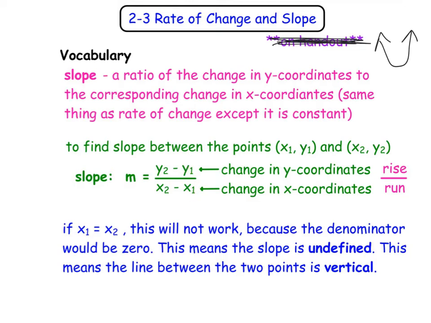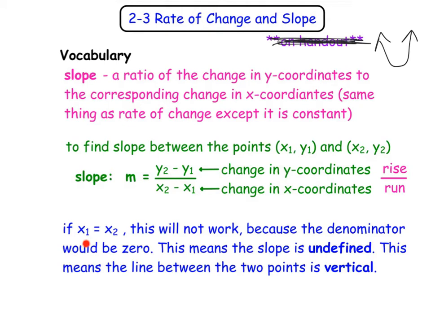You could do that. But generally our (x2, y2) point is further to the right. So it's like our now, and then minus a point that was prior to that point, so it came before that point. It really doesn't matter, but this is the formula. And I'm going to show you another way that I think is a lot easier than the formula anyway. So this is for our points. This is our second point, so we're starting with that first.